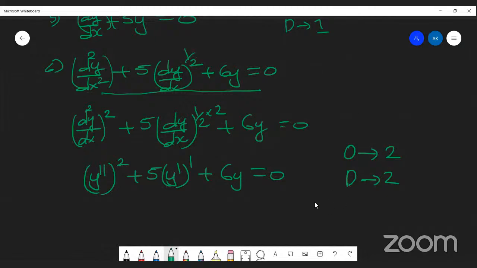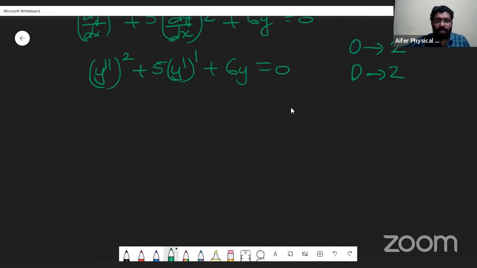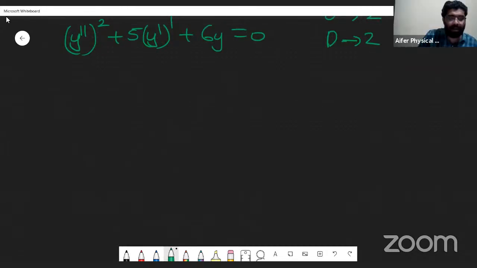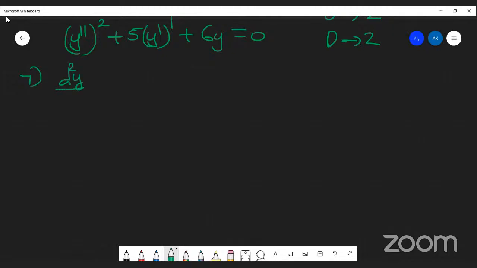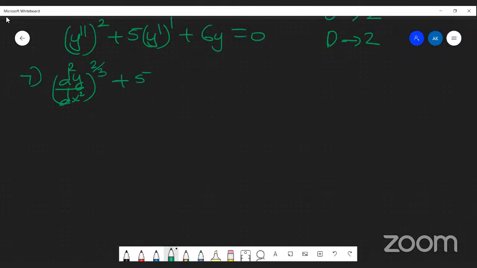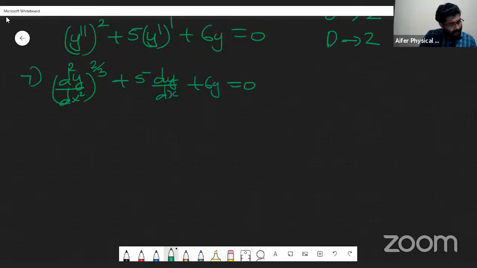We will discuss some questions like this. Say seven: (d square y by dx square) whole power 2 by 3 plus 5 dy by dx plus 6y equal to 0.